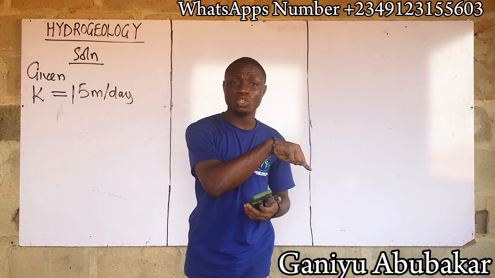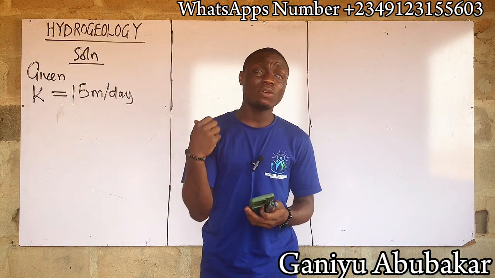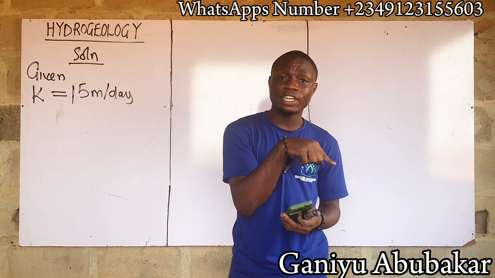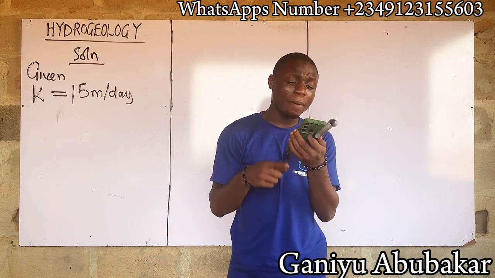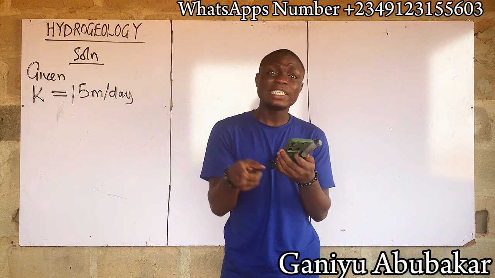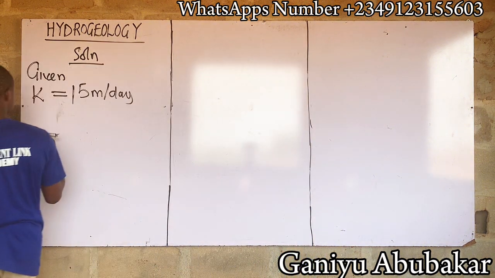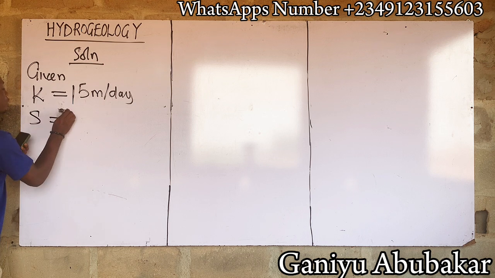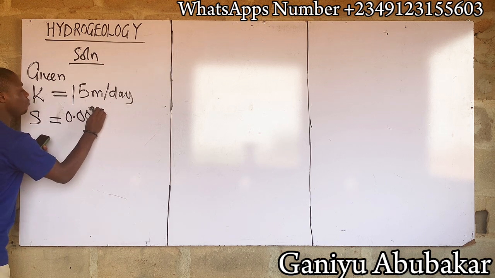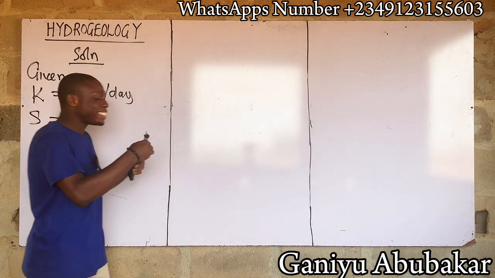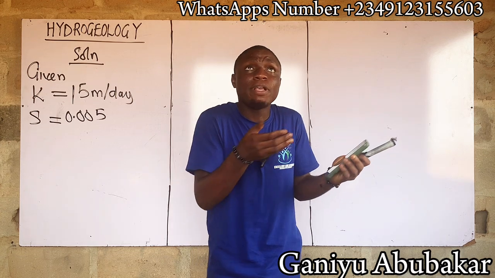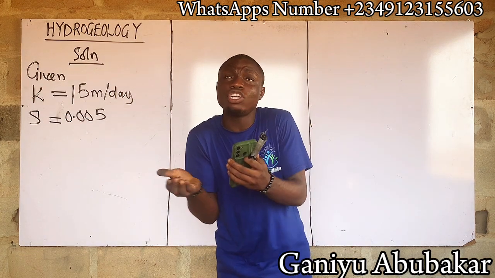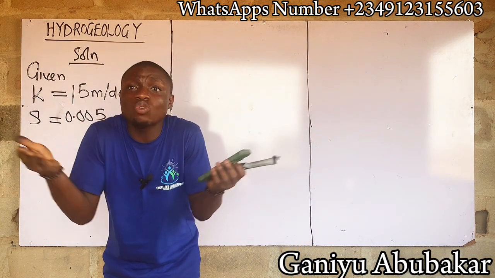Check our last video on when we calculated storage coefficient. It was S. So I'm given S as equal to 0.005. Last class we established that storativity, or storage coefficient, has no SI unit.